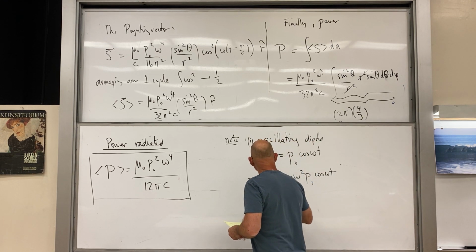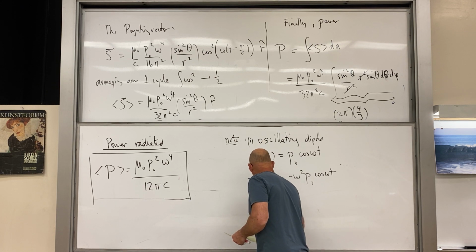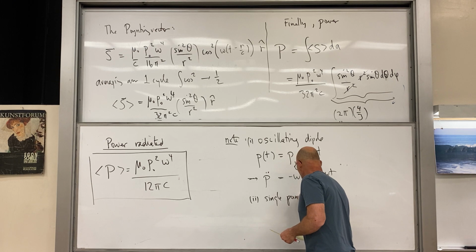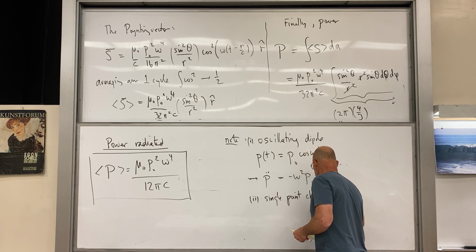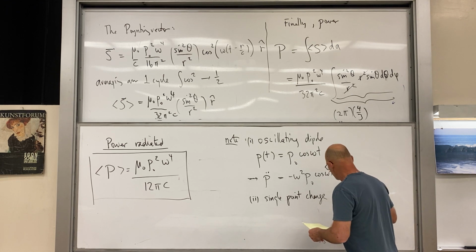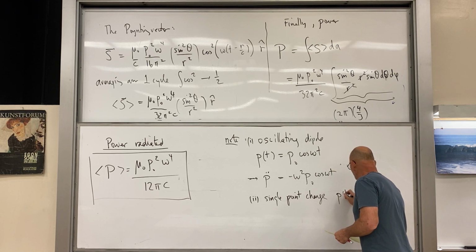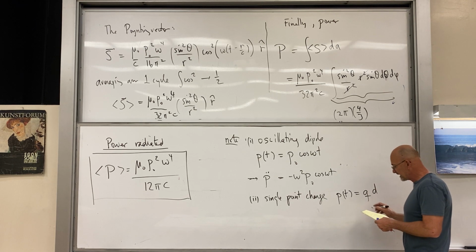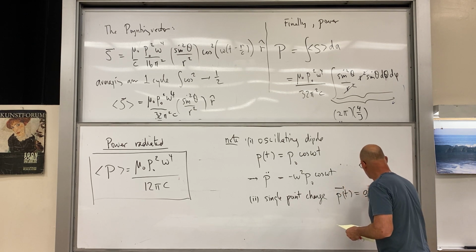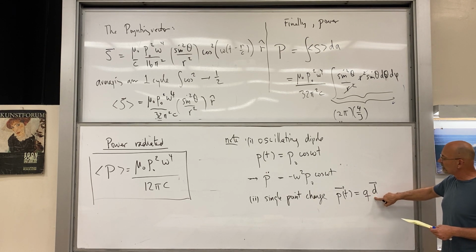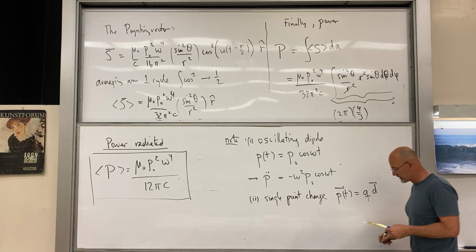Then we can also talk about a single point charge. And for a single point charge, we're going to write P of t is equal to Q times D, where D is this vector, so now we have a single point charge oscillating back and forth.